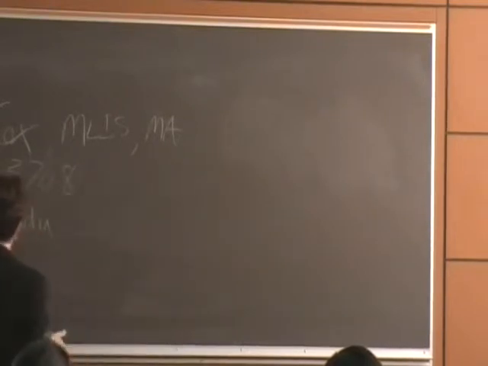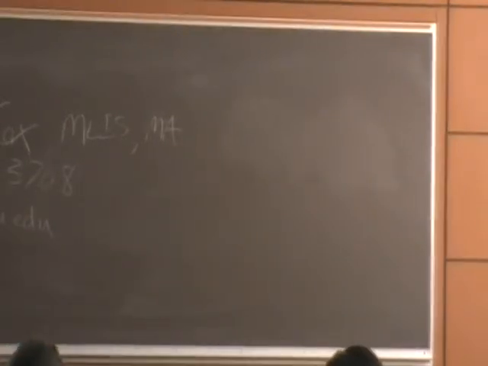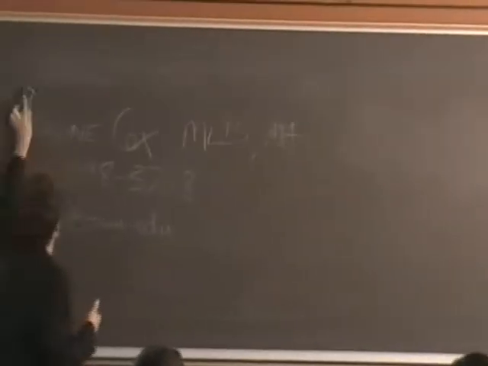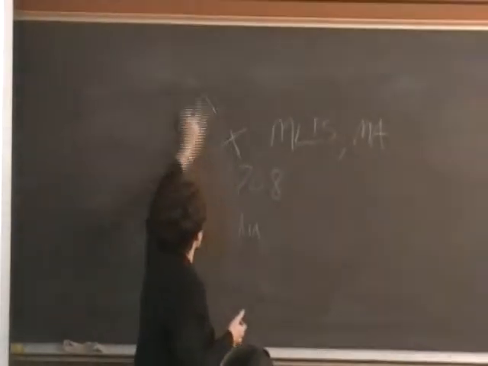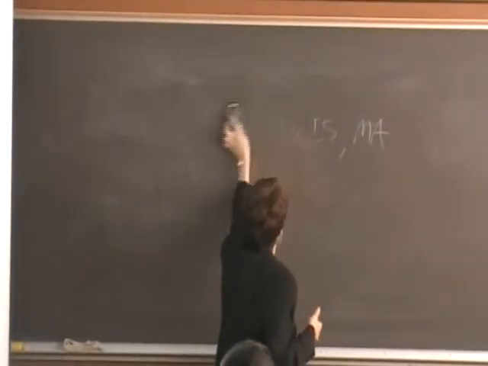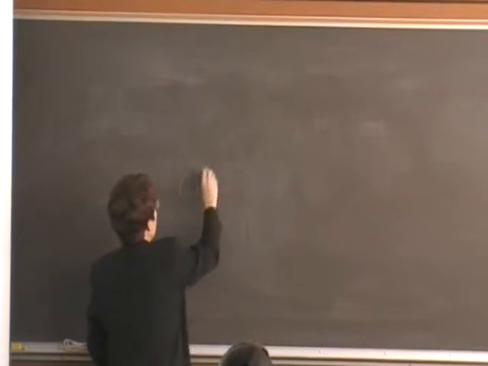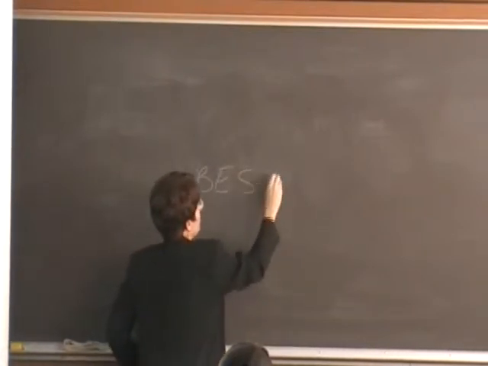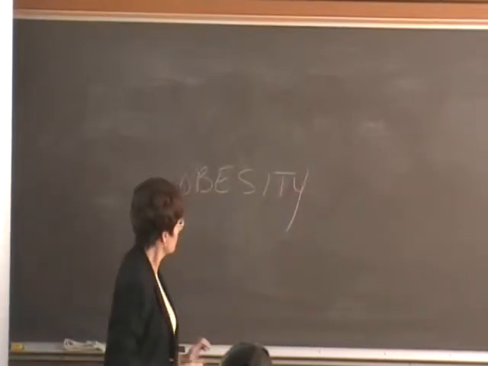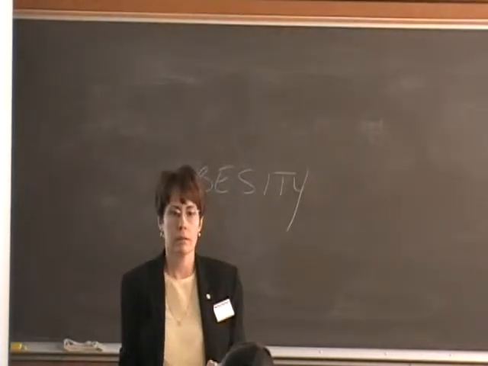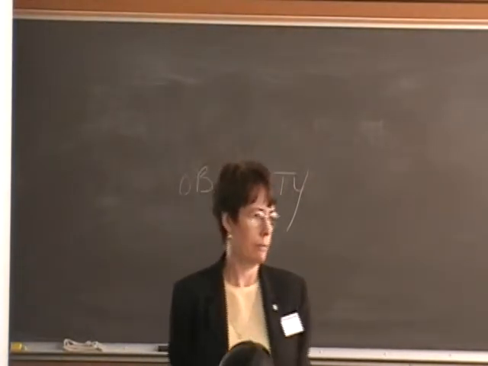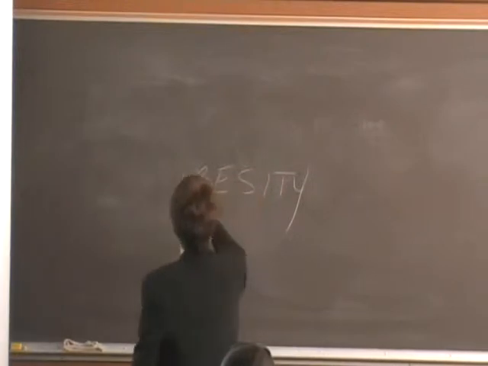When you're on the internet or in a database, the database is not doing what you probably think it's doing. When you type in the word obesity, what's the computer doing?